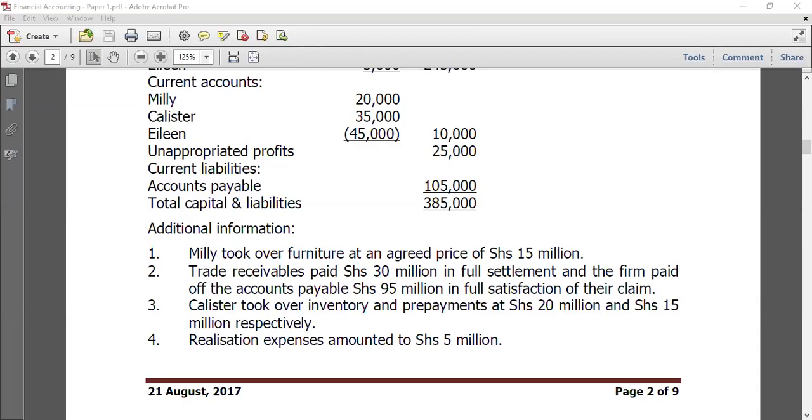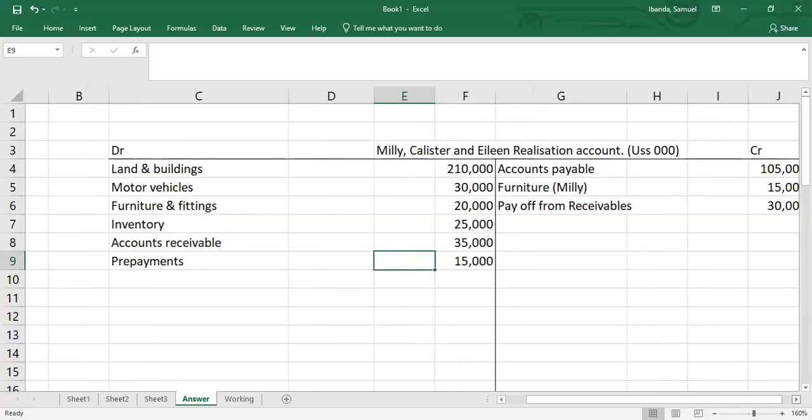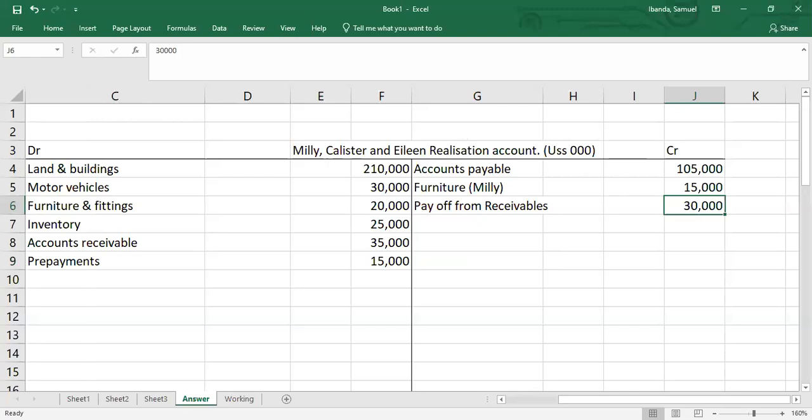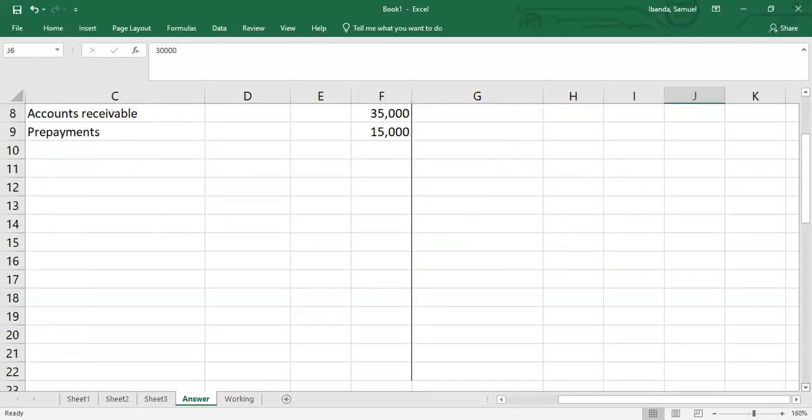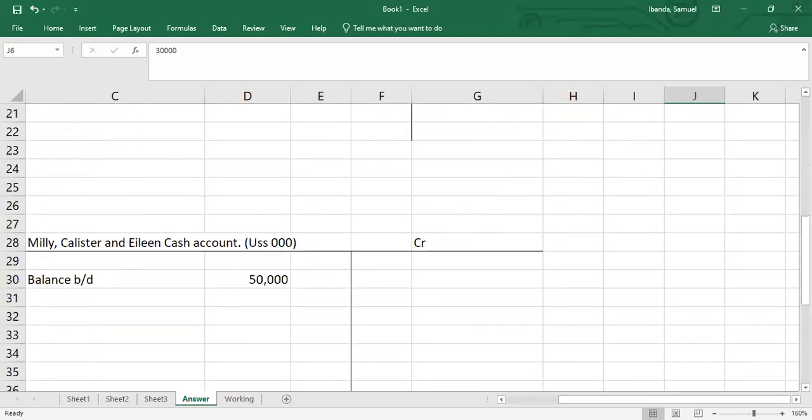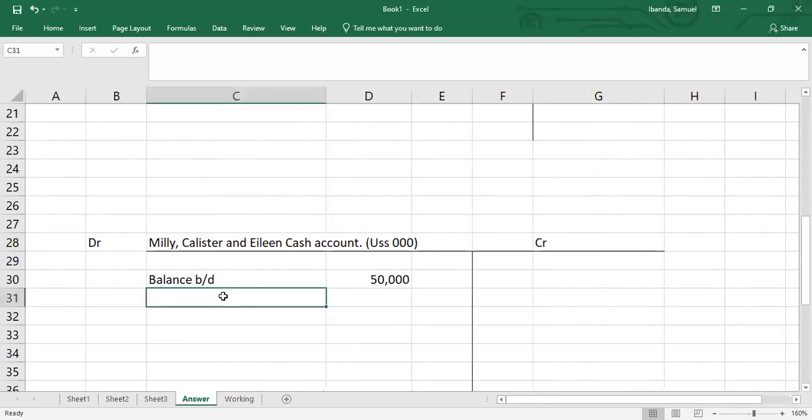We receive it through bank. So as we record 30 million here, let's just record this within bank as well. And remember, this is a receipt. These are trade receivables. So as we credited our realization account, we come and debit it here.